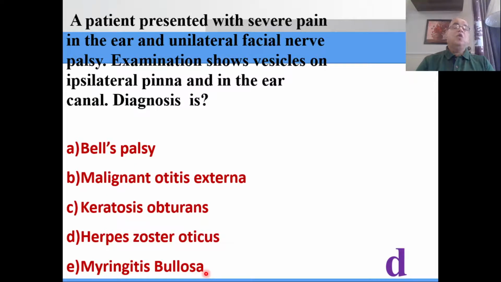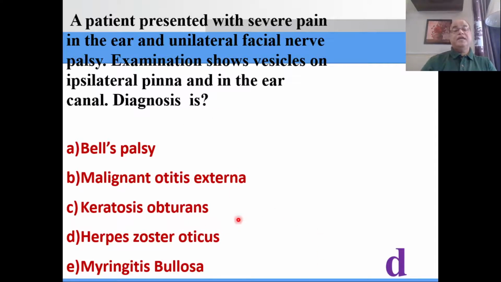They don't involve the pinna. While in herpes zoster oticus, the fluid-filled vesicles involve the tympanic membrane, deep meatus, outer meatus, pinna, even the cheek and neck also.